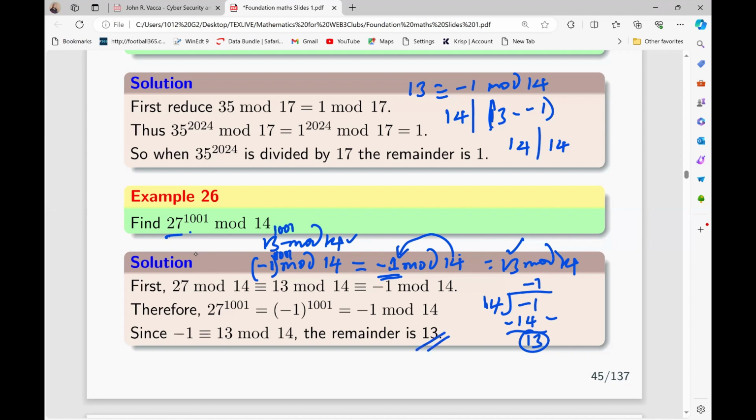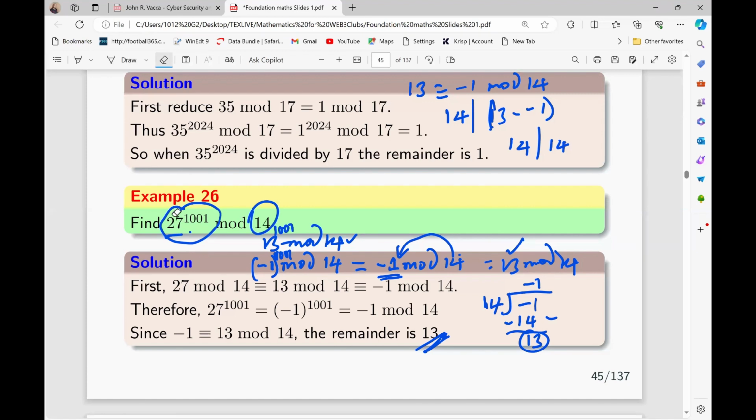So in other words, the remainder on dividing this number by this number is 13. That is what this question means, because whatever comes up before the word mod is supposed to be the remainder.